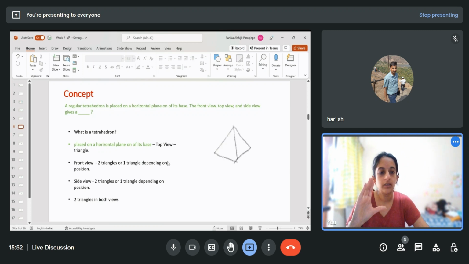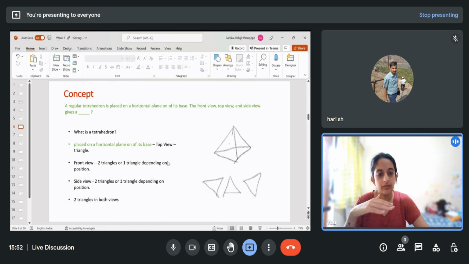All of them are triangles. All right. So this is a tetrahedron, and we have it placed on the horizontal plane. One of the faces is on the horizontal plane. Now in top view we can see an equilateral triangle like this, like this, like this.